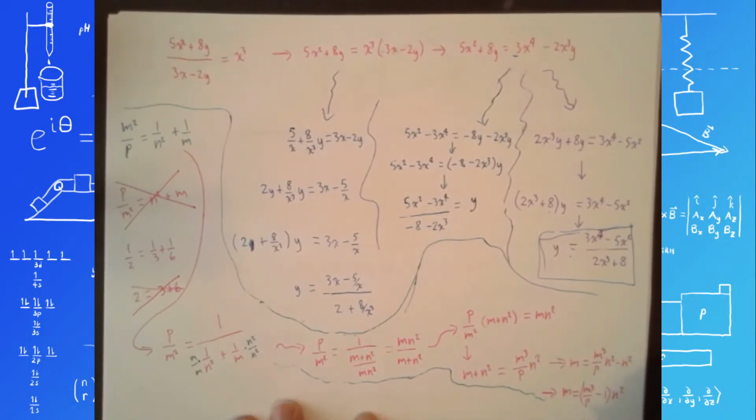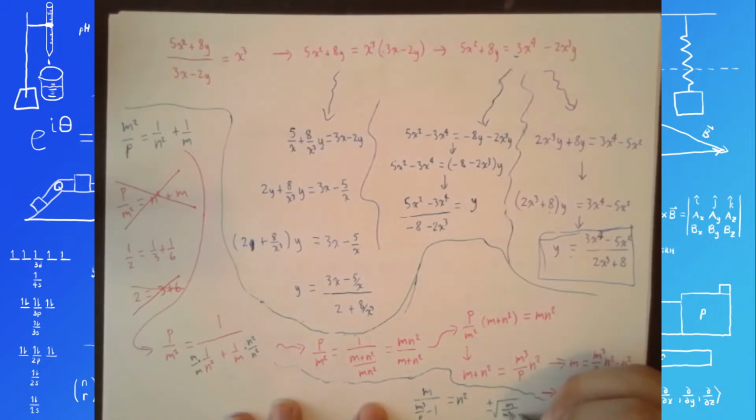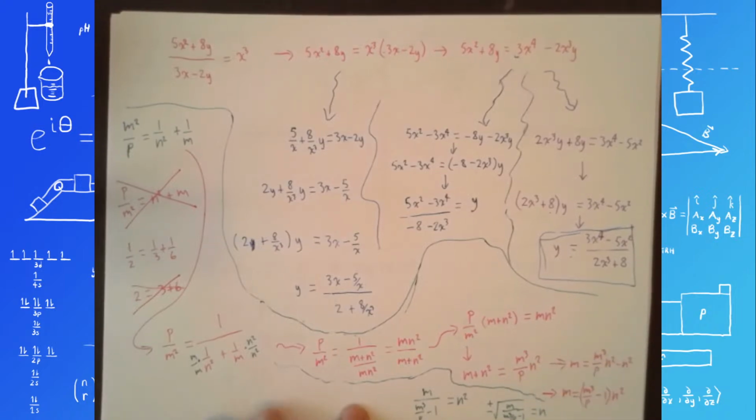So I will divide by m cubed over p minus 1, so m over m cubed over p minus 1 equals n squared, so plus or minus the square root of m over m cubed over p minus 1 is equal to n.